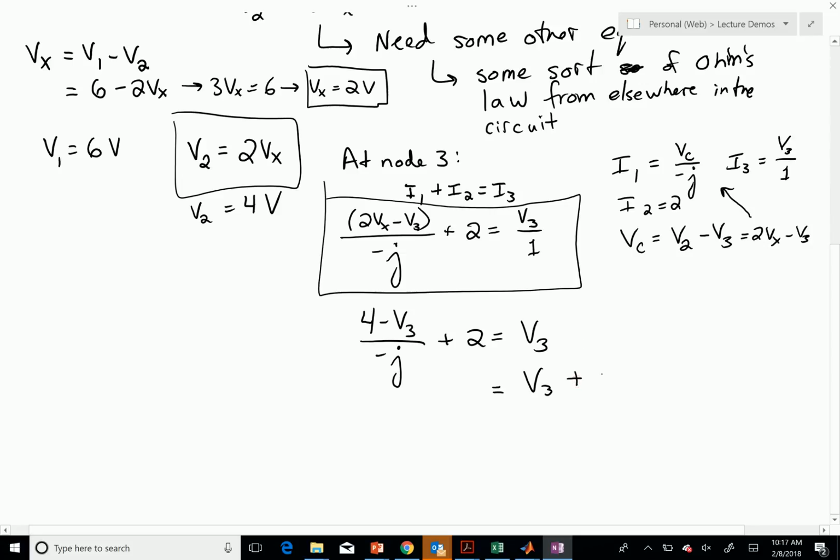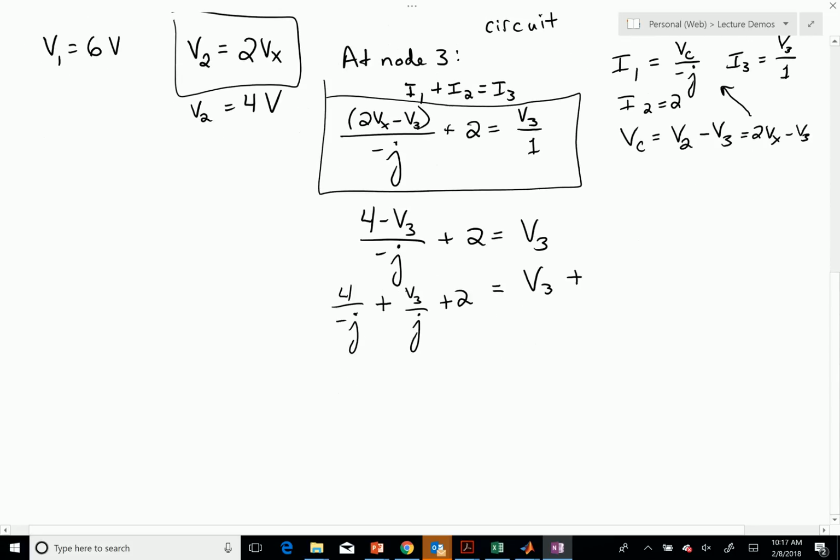Let me go a little bit slower here. On this side I get 4 over minus j, and I get plus V3 over j plus 2. Okay?